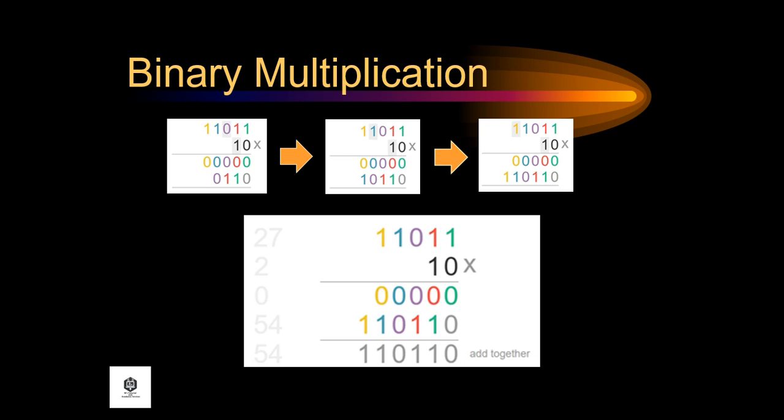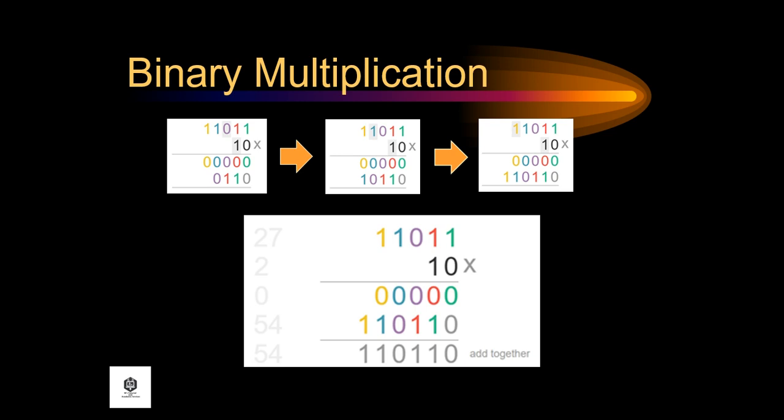Then add together. 0 plus 0 is equal to 0. 0 plus 1 is equal to 1. 0 plus 1 is equal to 1. 0 plus 0 is equal to 0. 0 plus 1 is equal to 1.